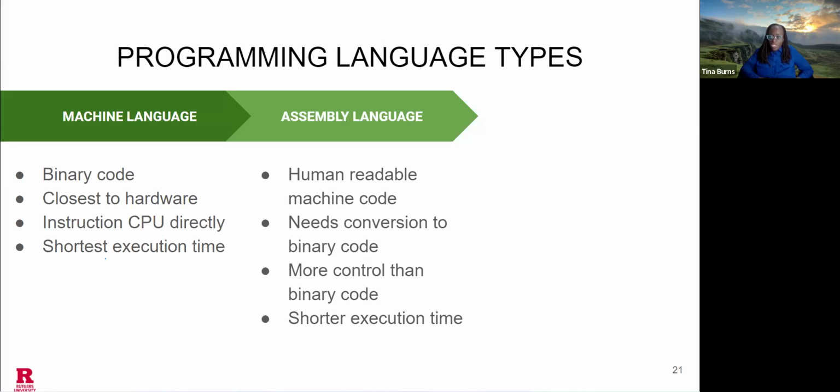Now, this does need to be converted to binary code, which means that it's going to have a longer execution time than machine language will. But it also has a shorter execution time than our upper level languages, which we typically use, like C, C++, Python, etc.